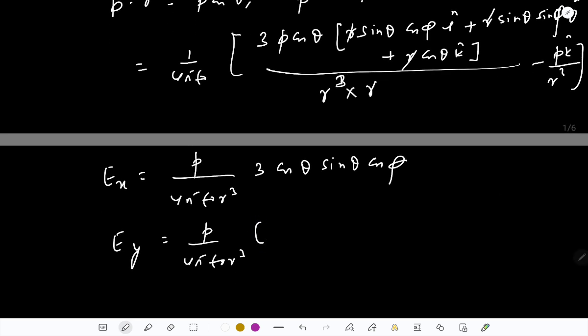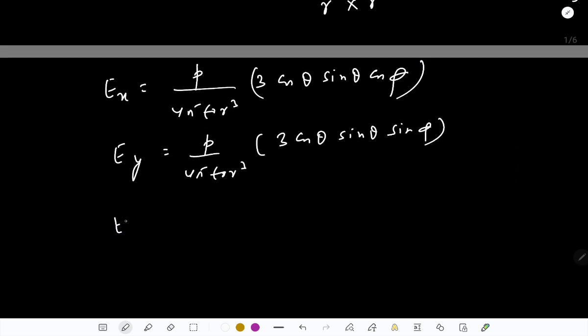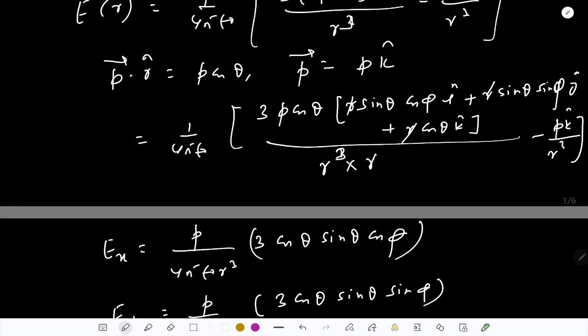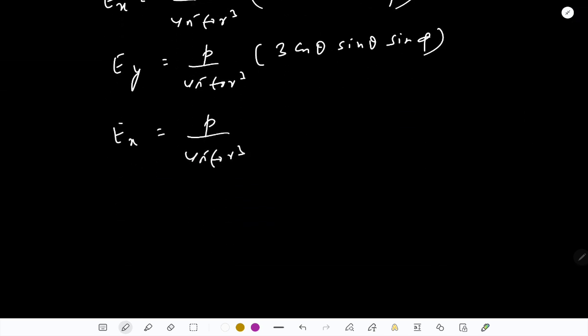Ex and Ey are similar. And Ez is p by 4 pi epsilon naught r cube times, for its z component, 3 cos square theta minus 1. So this is the z component.